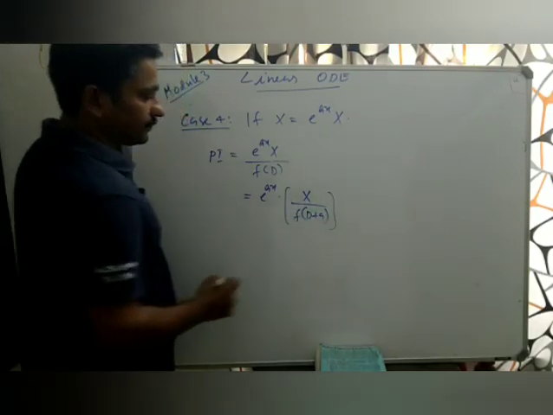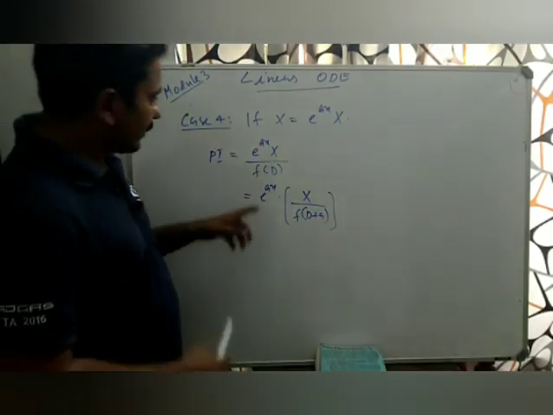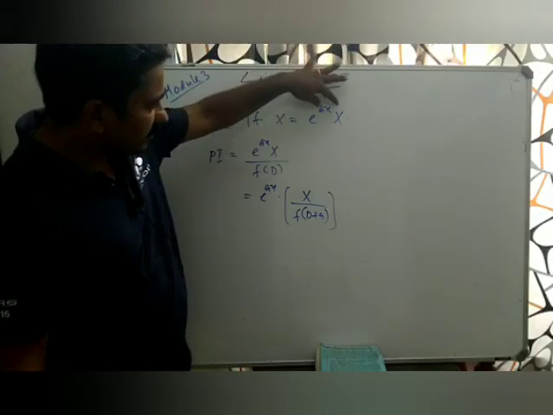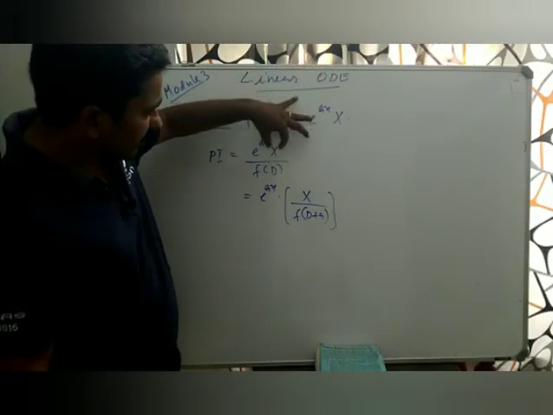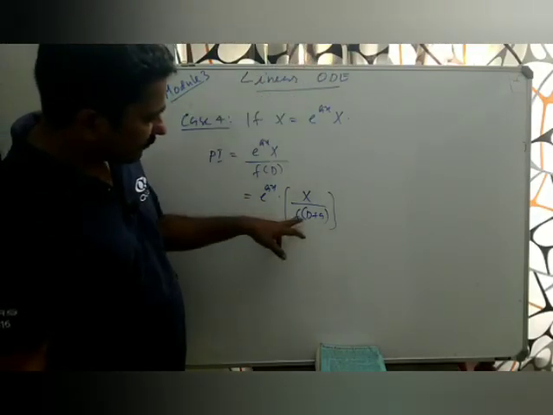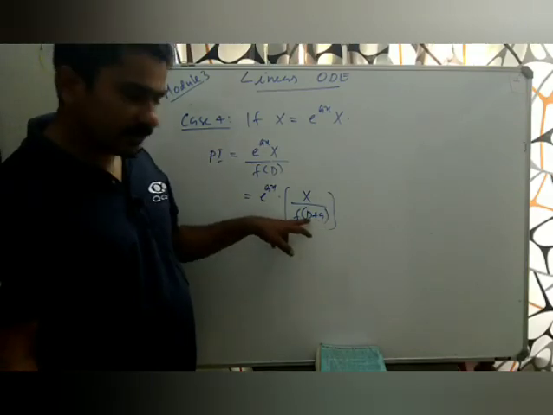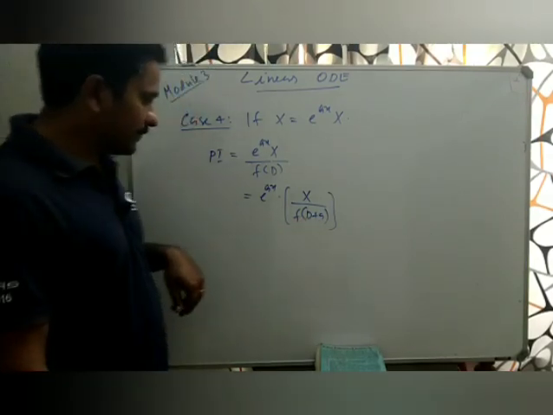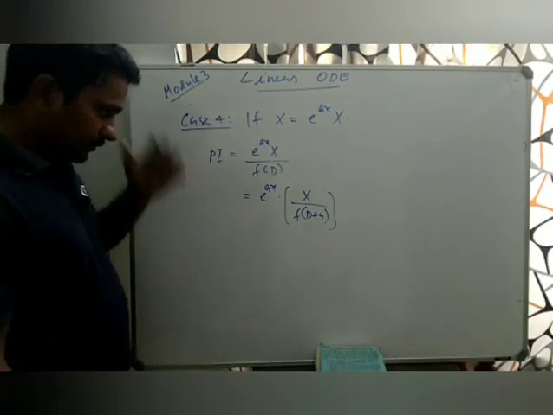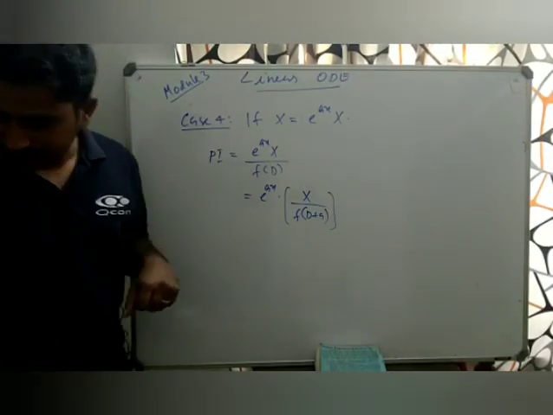That's it. Okay, that means if the function is of this form, you find the particular integral of x with f of d plus a, not just f of d, but f of d plus a. Okay, so we'll do a problem.